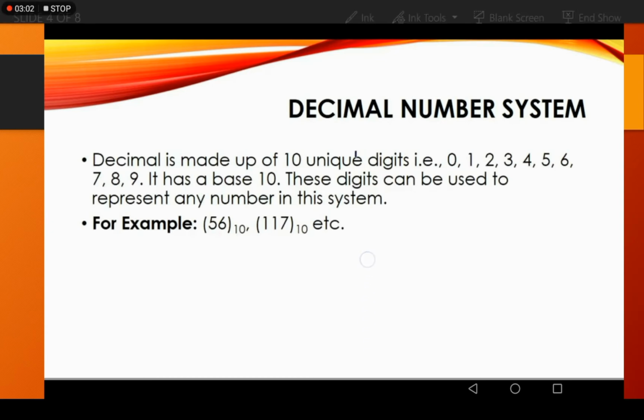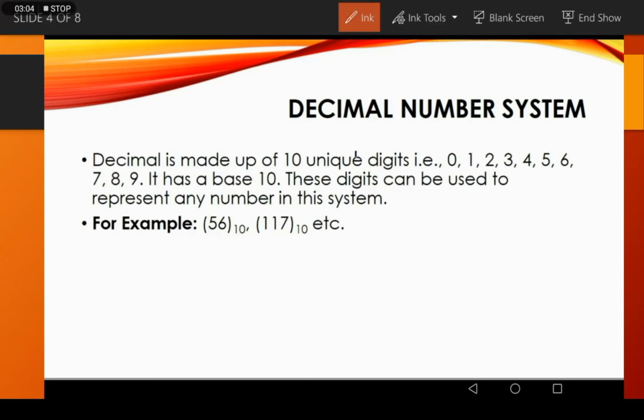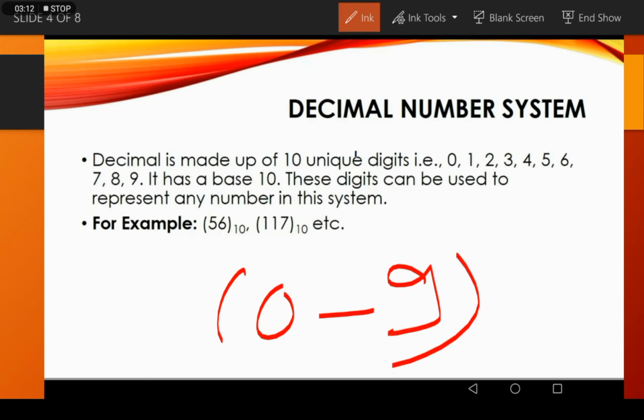Decimal number system. Decimal number system is made up of 10 digits from 0 to 9. As you can see, 0, 1, 2, 3, 4, 5, 6, 7, 8, 9. The total are 10 digits.